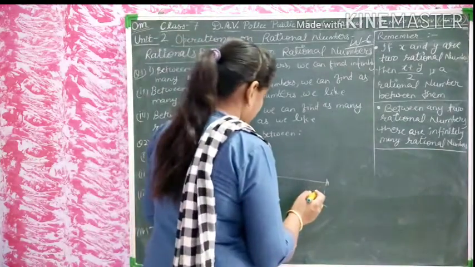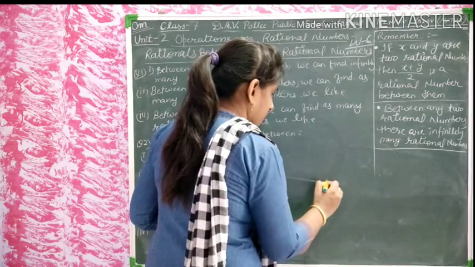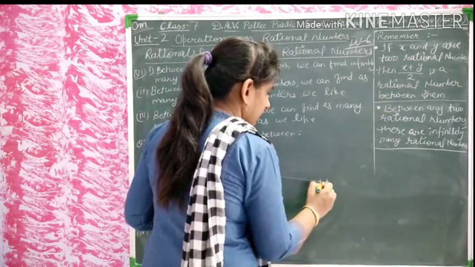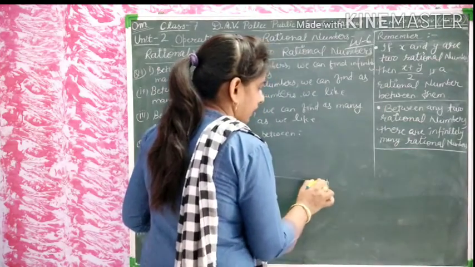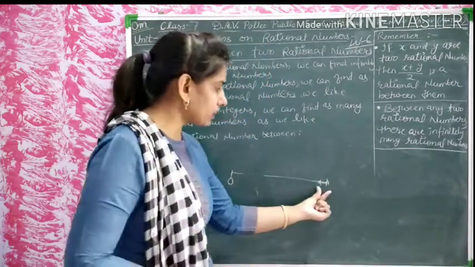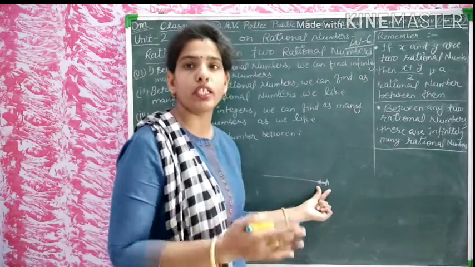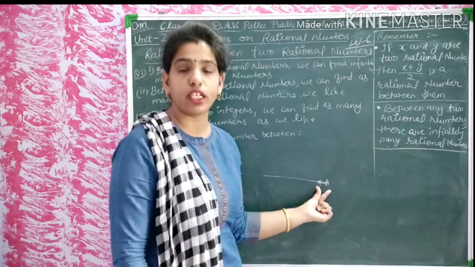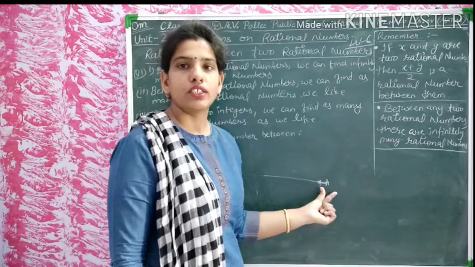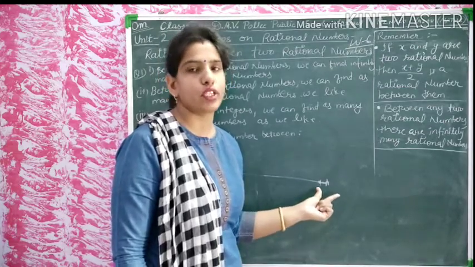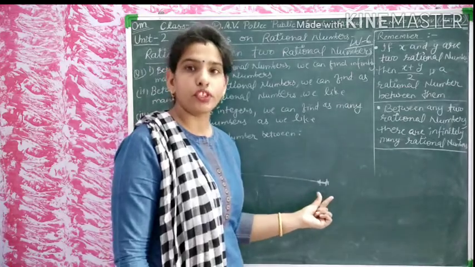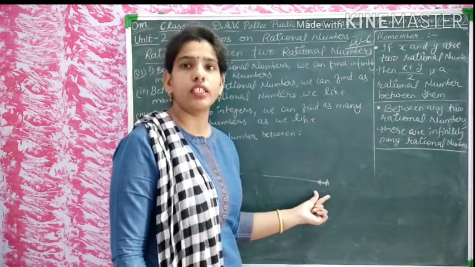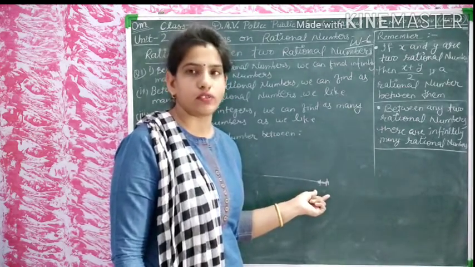Let's suppose you have these two numbers, and we have this gap. This gap also has so many, infinite rational numbers. So between two rational numbers we can find infinitely many rational numbers. This is the answer. Between two integers we can find as many rational numbers as we like.